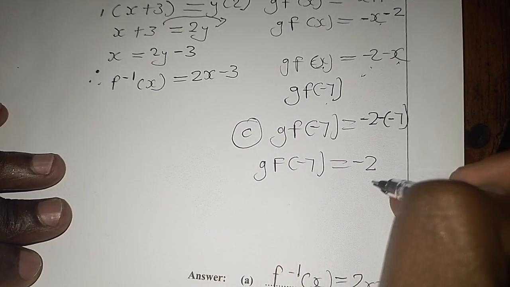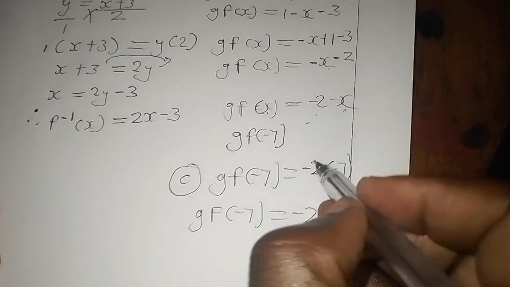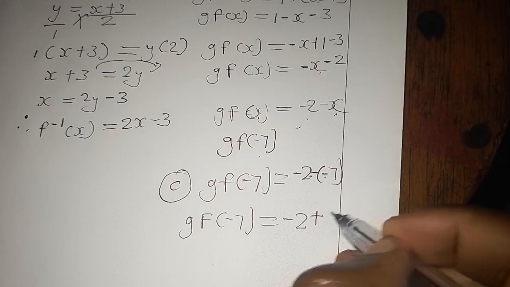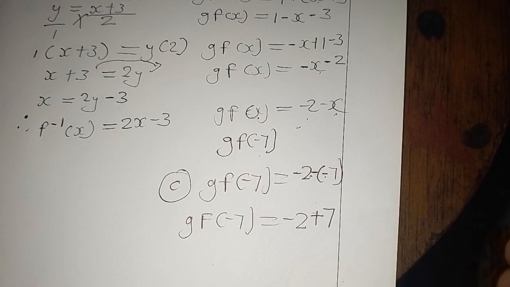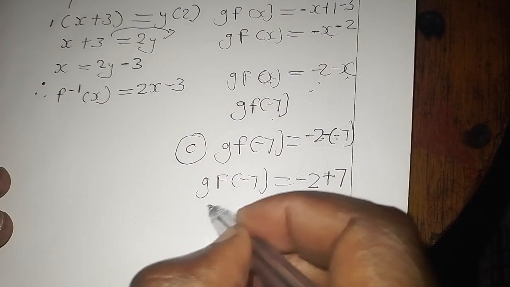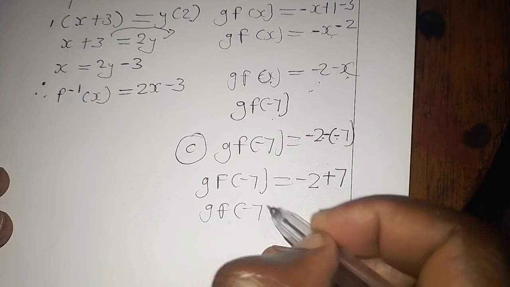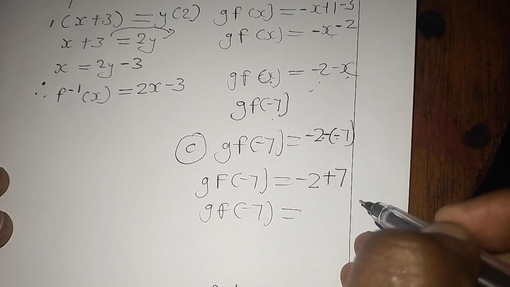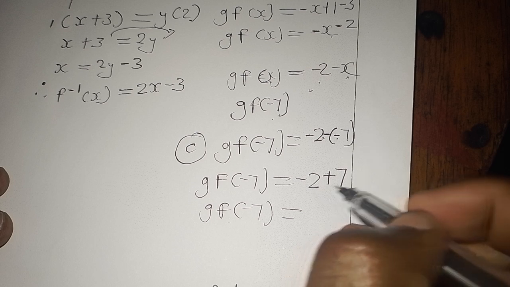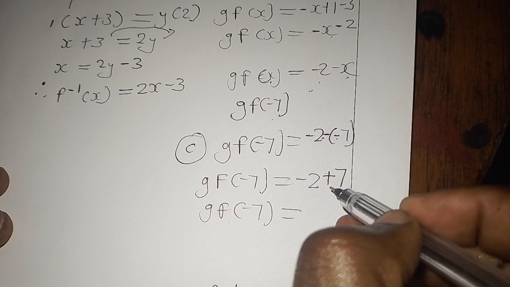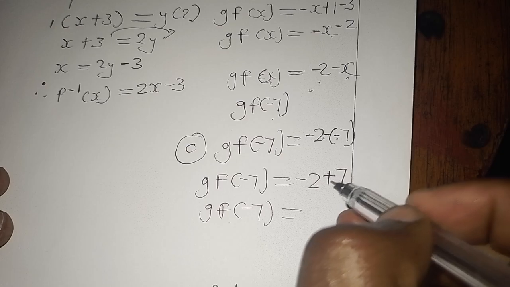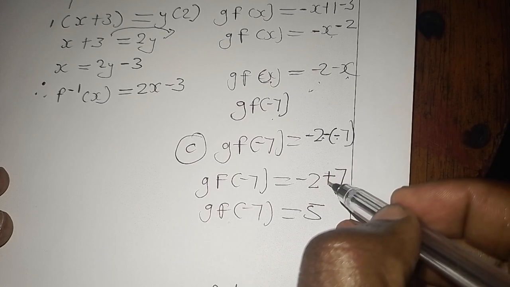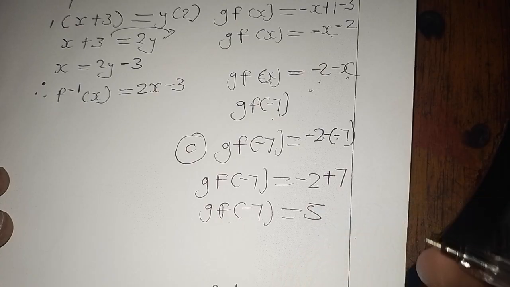This negative 2, negative 2. This is negative, okay? Negative times negative is what? Positive. Here there is 7, 7 will be maintained. Then therefore, g f negative 7 equals, what is negative 2 plus 7? It means you subtract but get the sign for the bigger number. So you are going to say 7 minus 2, which is a 5. And the sign for the bigger number is positive. But you know, for the positive, we don't write the sign.